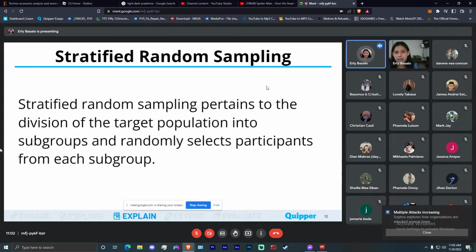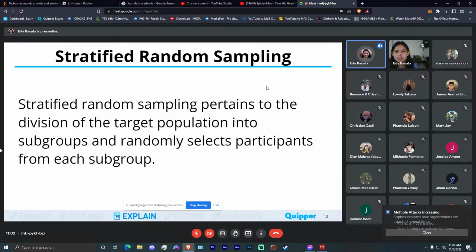Stratified random sampling pertains to the division of the target population into subgroups and randomly selecting participants from each subgroup. For example, you are doing your research inside the school, so your participants are the students. So you select a subgroup randomly, such as a section or grade level.